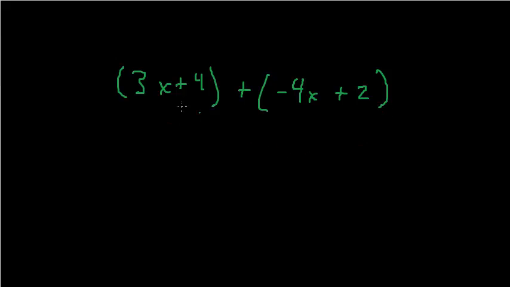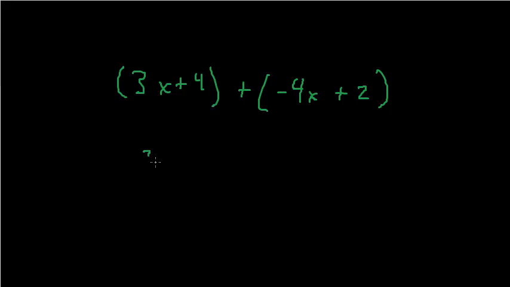You can also add some longer polynomials together. Say I have this binomial 3x plus 4, and I want to add to another binomial, negative 4x plus 2. At this point, I check to see if anything is being done to these parentheses or inside these parentheses, and there is not. So I don't need them.